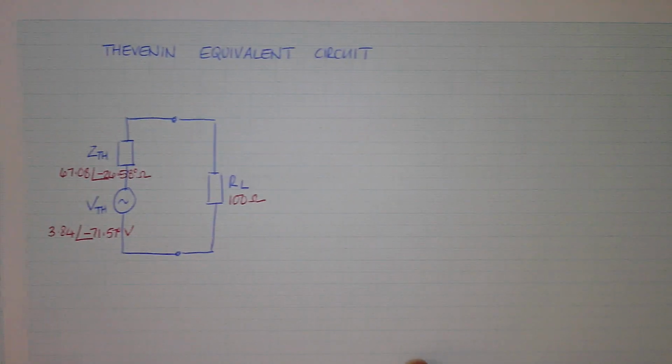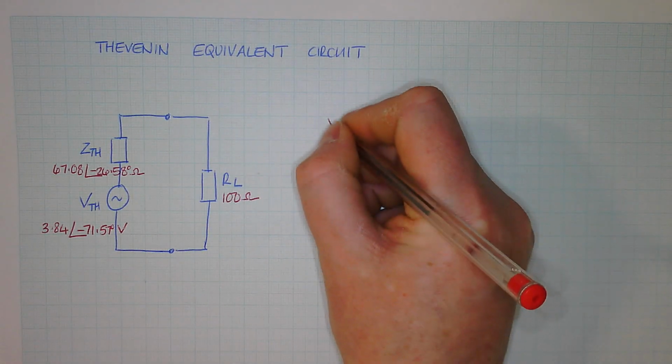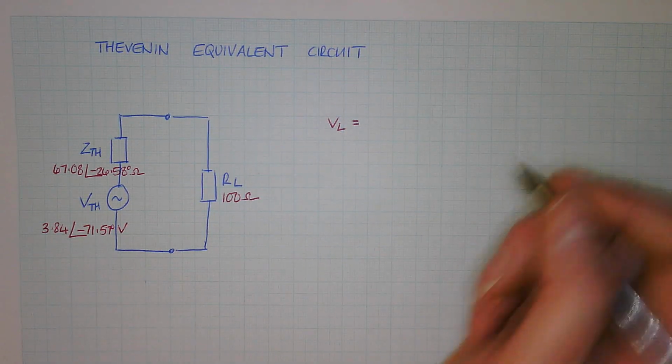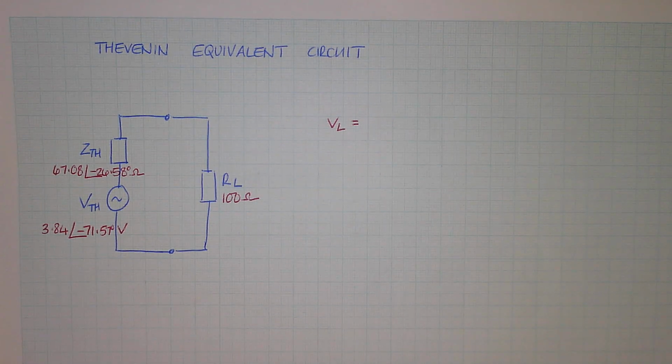So on that Thevenin equivalent circuit, what do you think the best way would be to find the voltage across the load? What are your options?